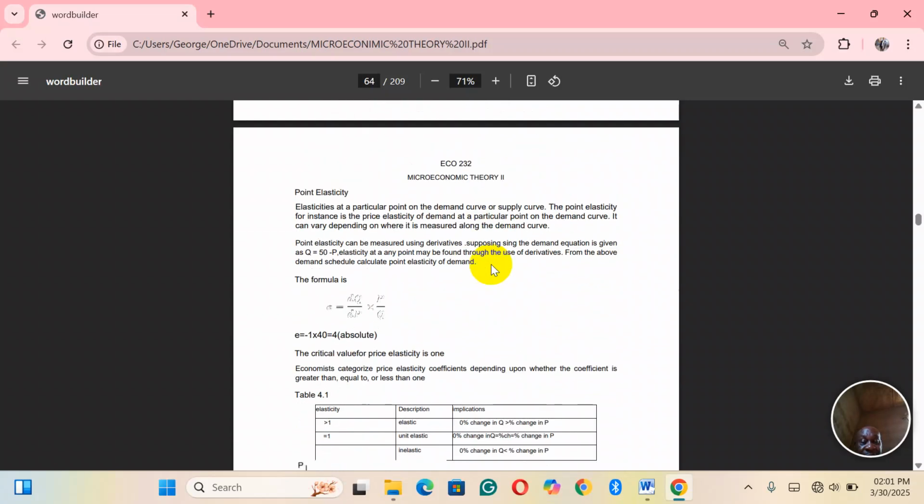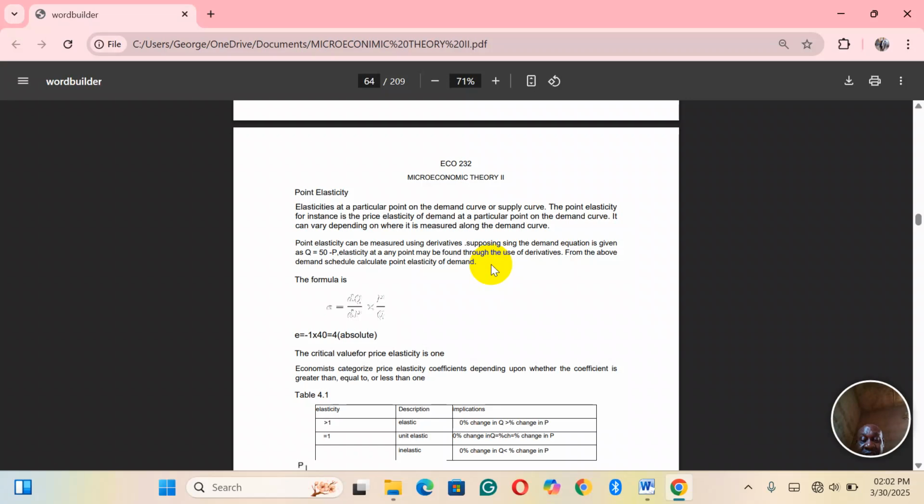Then we also say point elasticity is the elasticity at a particular point on the demand curve or supply curve. So point elasticity, for instance, is the price elasticity of demand at a particular point on the demand curve. It can vary depending on where it is measured along the demand curve. Point elasticity can be measured using derivatives.